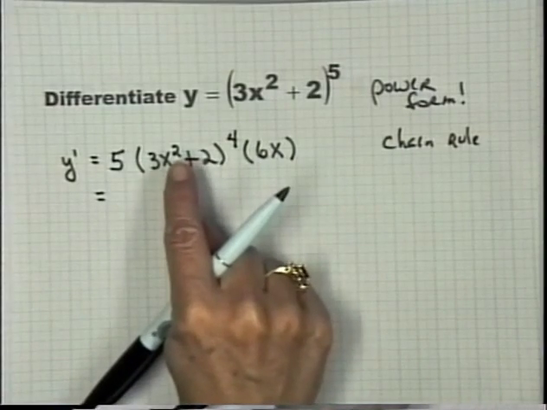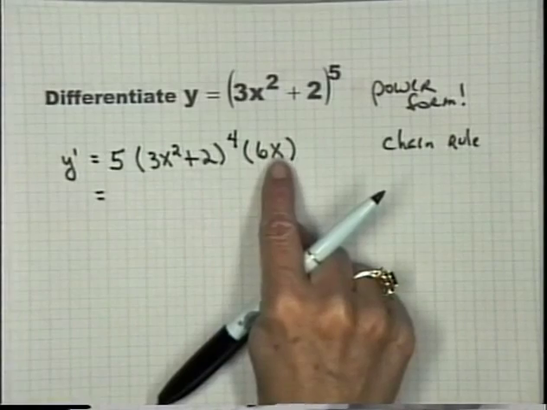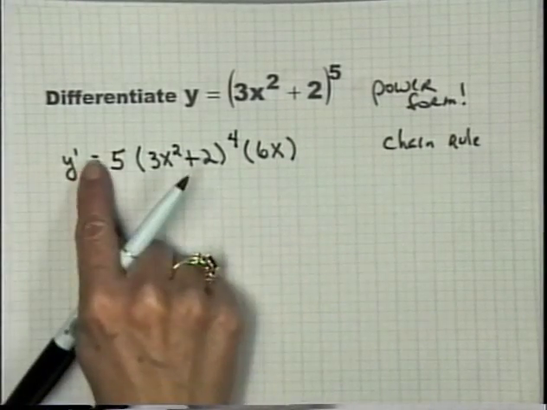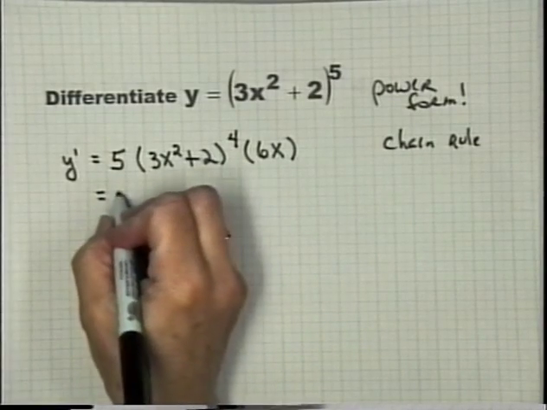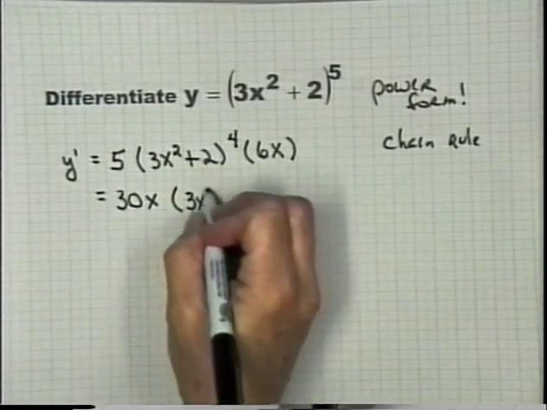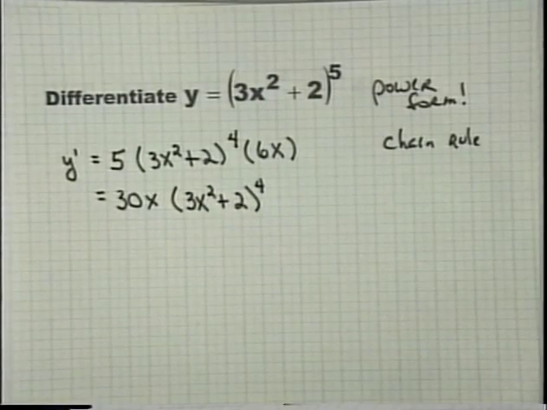So instead of doing that, what we will usually do is we'll take the 5 times this 6x, which notice is to the first power, so there's no exponent to be done. We'll say 5 times 6x is 30x, and then we'll just bring down this quantity, 3x squared plus 2, to the 4th power, and we will leave our answer in this format. We don't want to have to raise that to the 4th power and get that complicated polynomial.